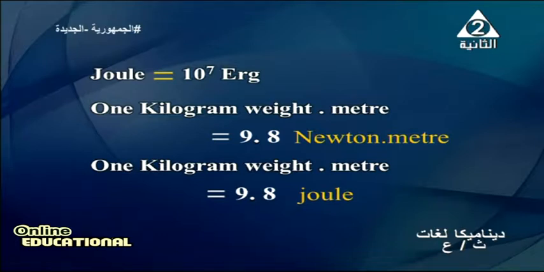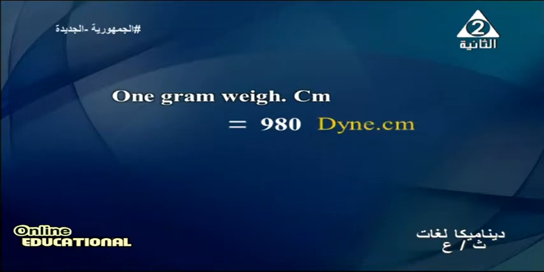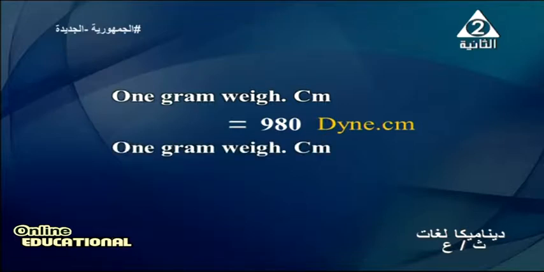Then 1 kilogram weight times meter equals 9.8 Newton meter, or equals 9.8 joule. And 1 gram weight times centimeter equals 980 dyne centimeter. And we know that dyne centimeter is equal to erg. Then 1 gram weight times centimeter equals 980 erg.